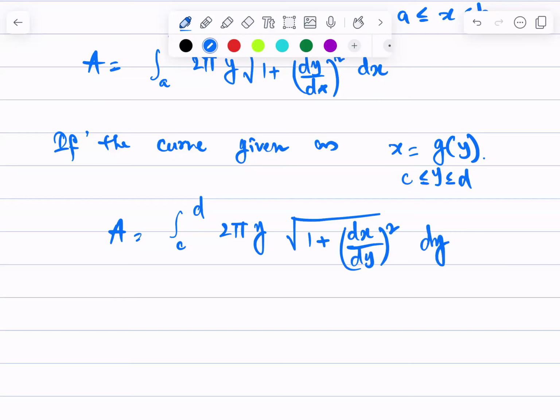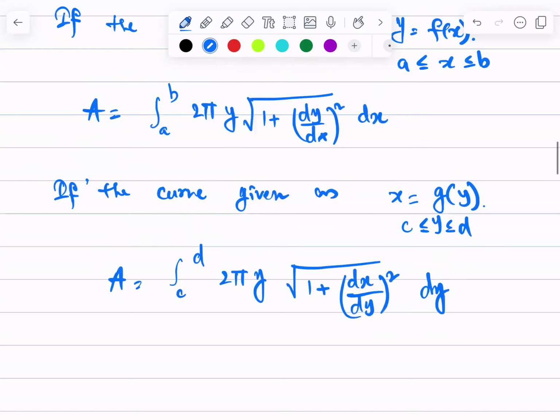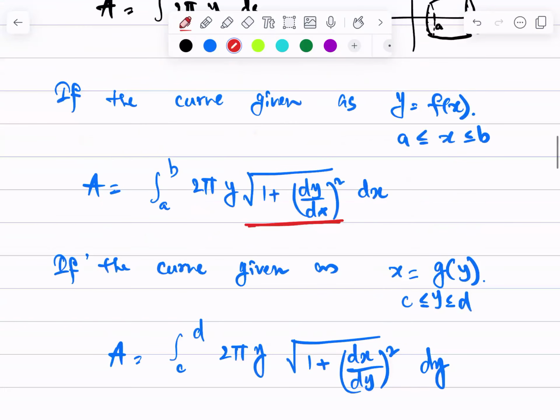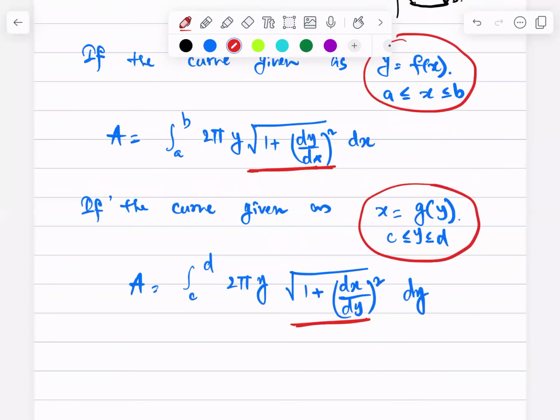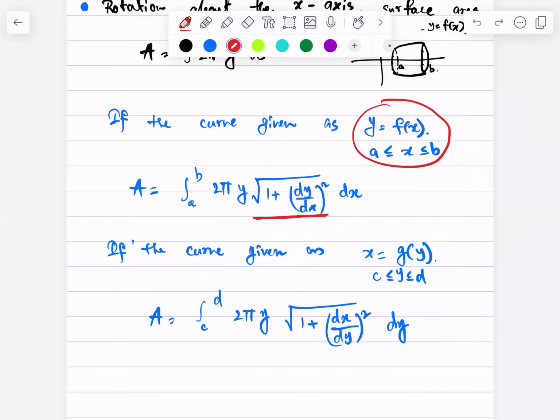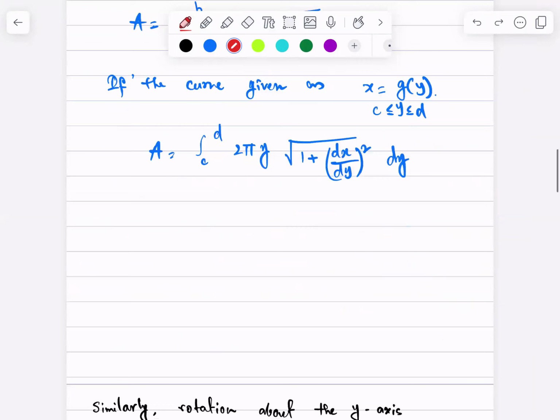Okay, basically I'm using the two different formulas of arc length as I have discussed. This one is for this type of curve, and this is the arc length formula when I have this type of curve. Okay, we'll look into the problems, and I think then it will be easier to understand.